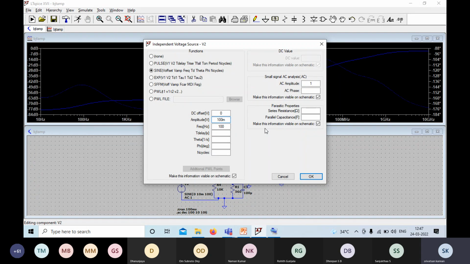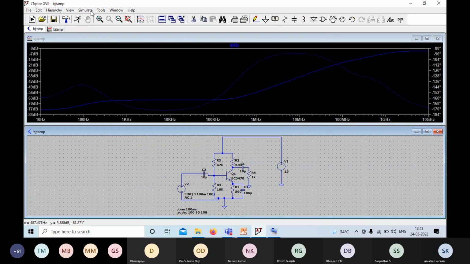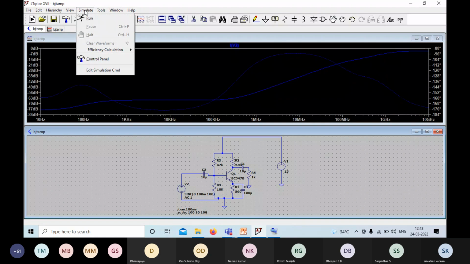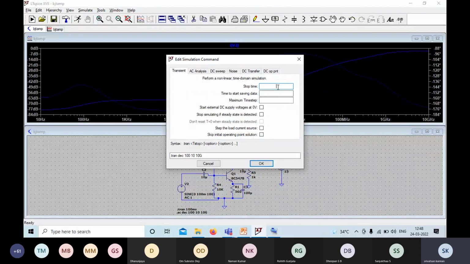I am applying 100 millivolt. Will it effectively amplify this signal? Let us see. So run the simulation and go to edit transient analysis.